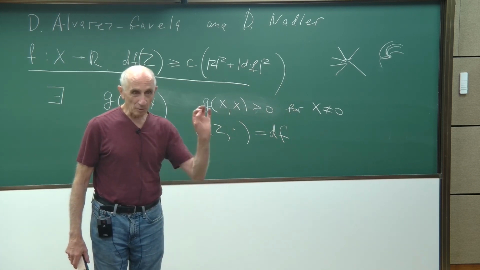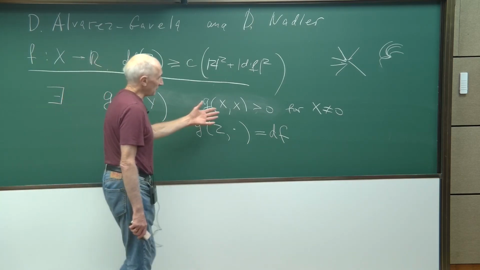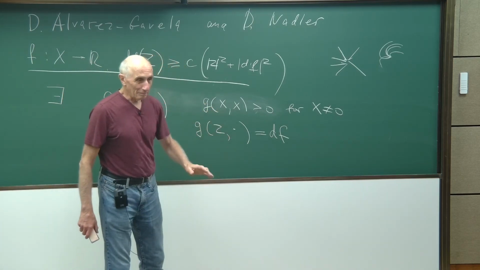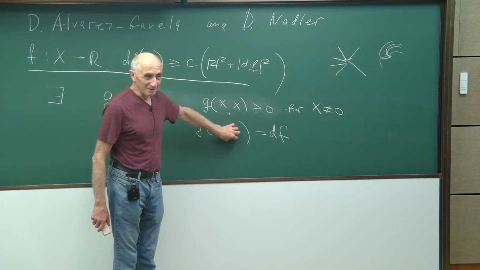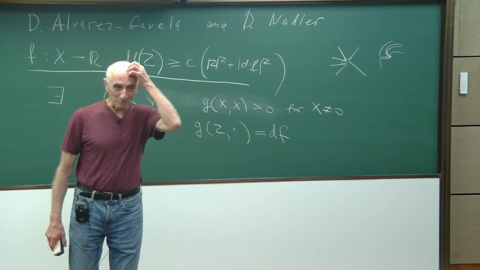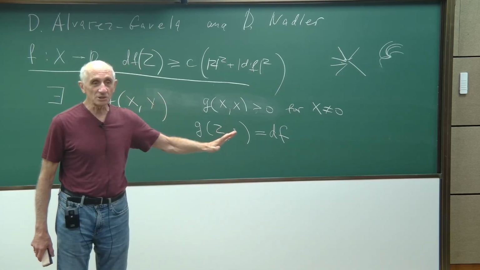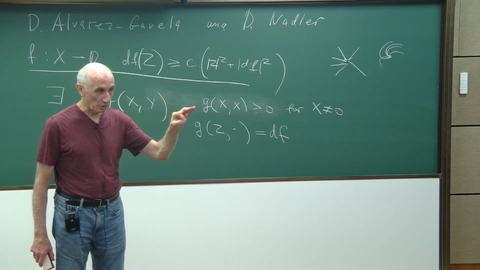But the problem with this definition is that it's kind of a pain each time to check that such G exists. It's possible, but you have to work. Of course, this condition matters only at critical points.